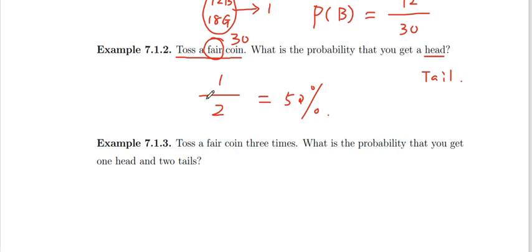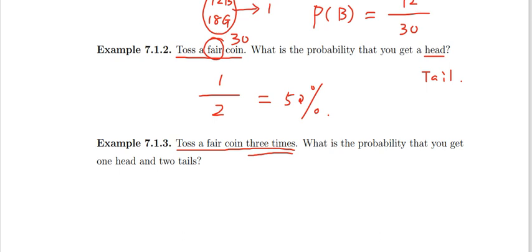Okay, so tossing the coin one time is easy, right? Now let's increase the difficulty level. Say we toss the fair coin 3 times. We want to find some probability. Here we can list all possible outcomes if you toss the coin 3 times.